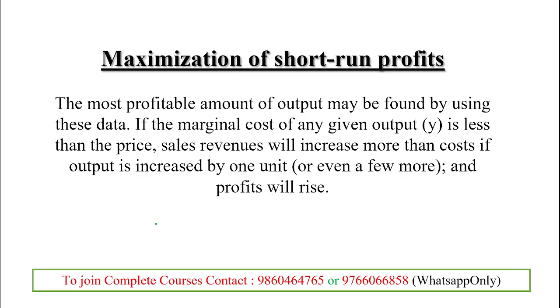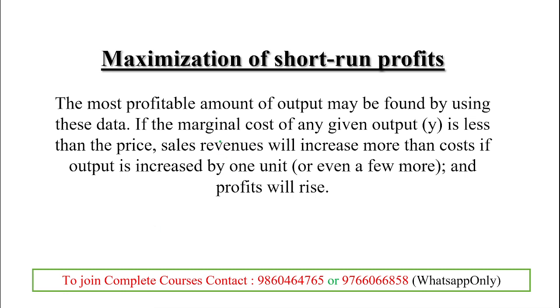And then maximization of short run profit. The first function or layer of a business enterprise is short run cost minimization, and then short run profit maximization. Here we discuss short run profit maximization.